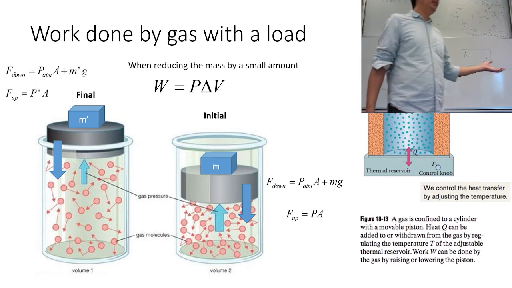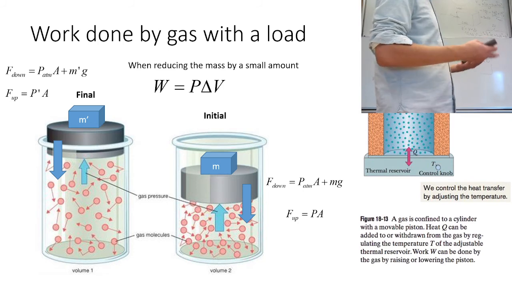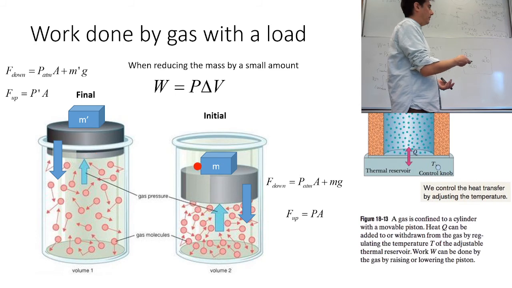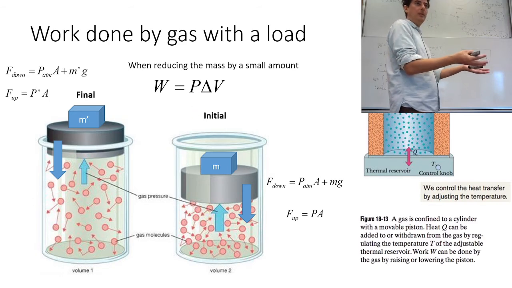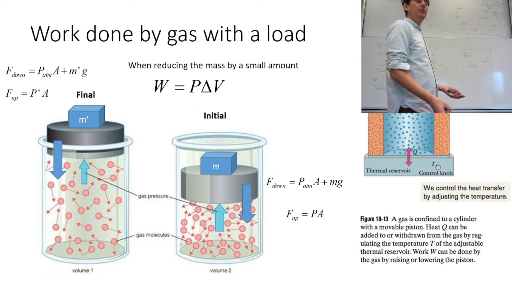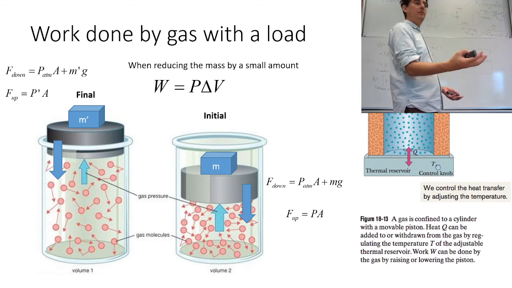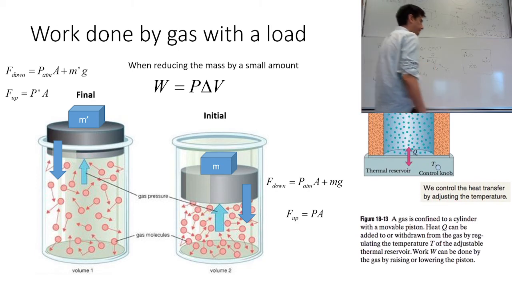And you can see that it's done some work from a practical or common sense perspective, because this thing has just gone up, right? So we've replaced it with a lighter mass, but still there's a lighter mass there, and it's just gone up. So the gas has just raised this mass by some height. It's done some work for us. So in that sense, the gas has done some work.